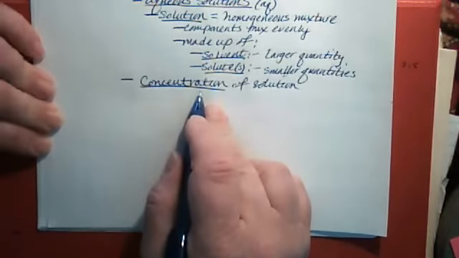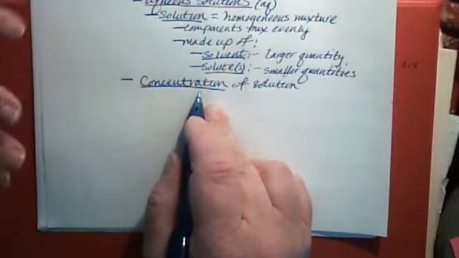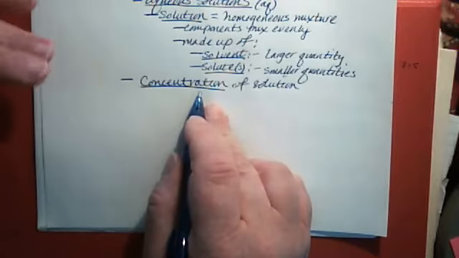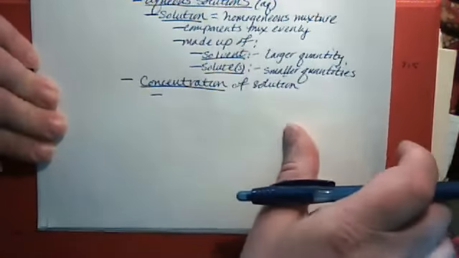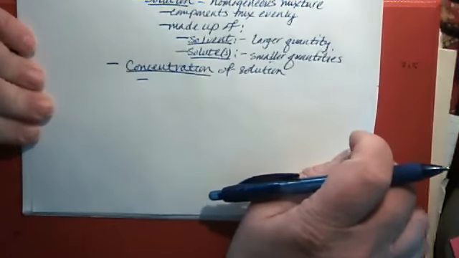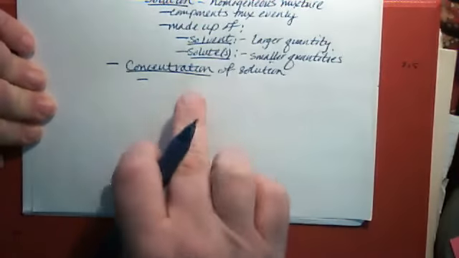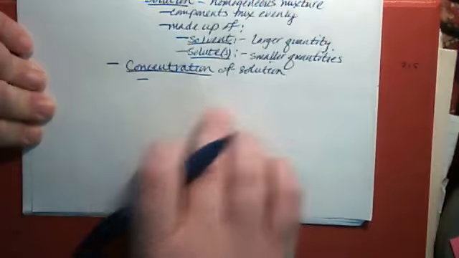The concentration of solution just gives the amount of solute relative to the amount of solvent or the whole solution. And that way you can actually find out, say, how many moles of one or the other reactant you have, if you know what the concentration of the solution is and how much of the solution you have.